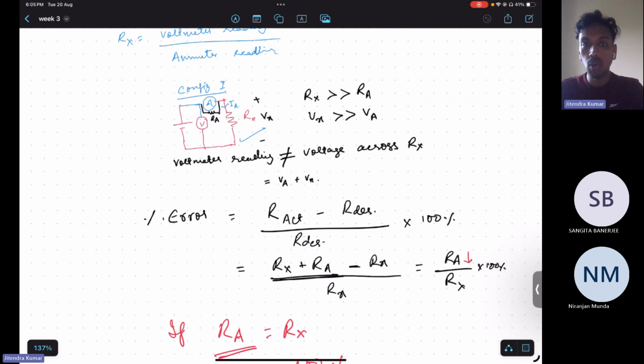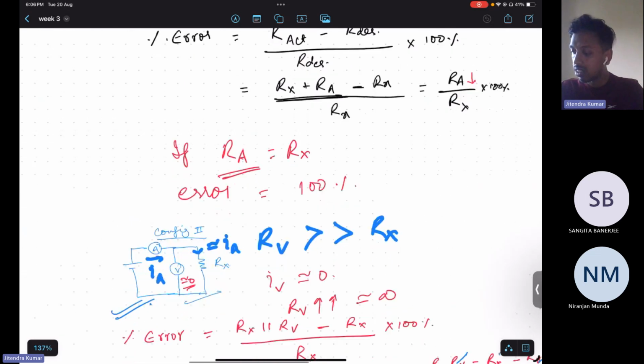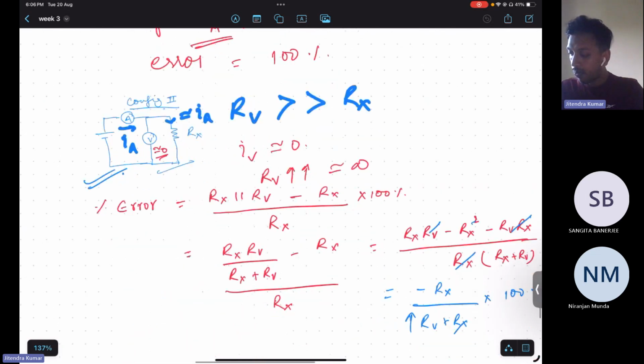So in overall error, if ammeter resistance is low, we are going to get the least error. The percentage error was RA by RX into 100%, right? So we can tune RA so that it is low, and when it is low, we can connect it as configuration 1.